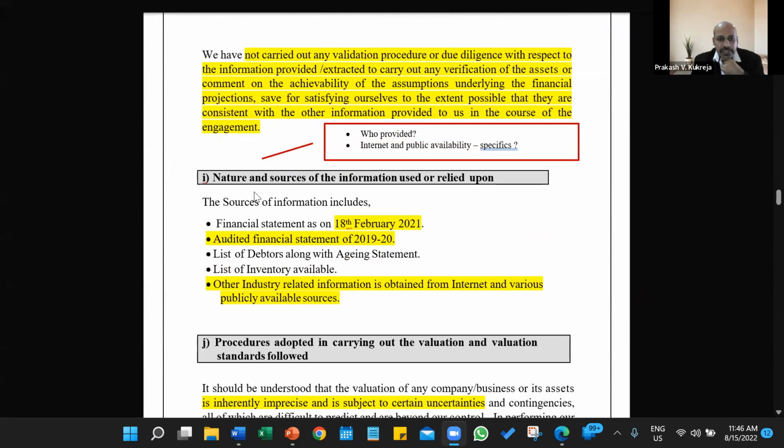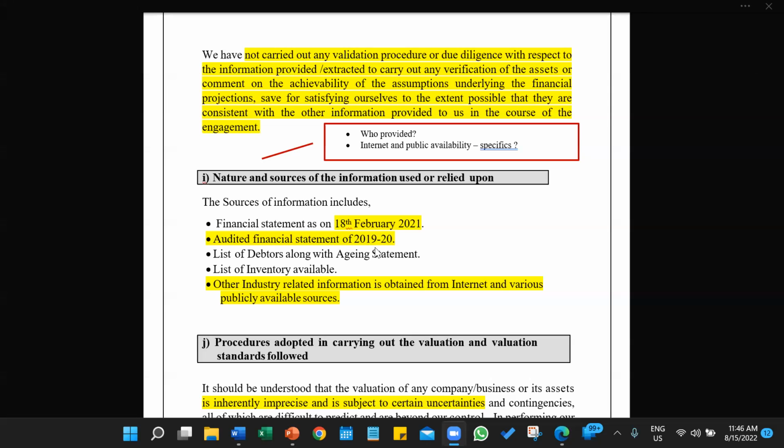If you see here, this talks about the nature and sources of the information used and relied upon. Financial statement of 18 Feb 2021, I think this is the ICD. Audited financial statement of 1920. Obviously, between that, there is no list of debtors with aging or list of inventory available, and some industrial information. So specific assets which are not mentioned over here should actually get added.